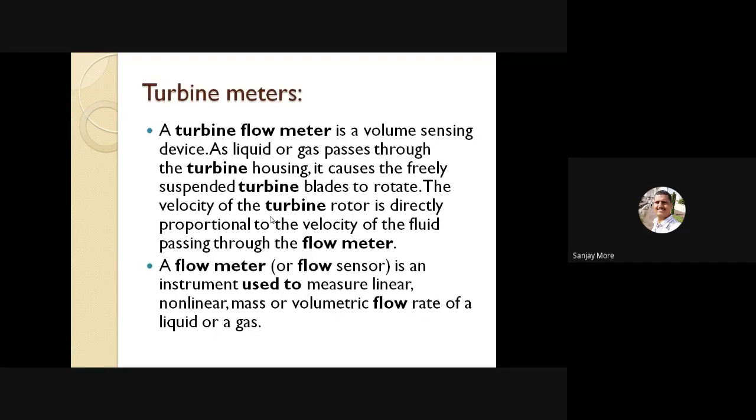The next point is turbine meters. Before starting the turbine meters, anyone please tell me what is meant by turbine and where they are used.